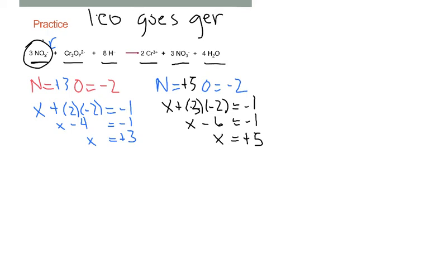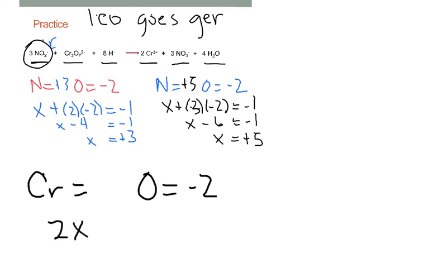All right, so we're going to look at the dichromate ion. So Cr and oxygen. We know oxygen's -2. We don't know what chromium is, so we're going to do an algebraic expression. Instead of X, I'm going to put 2X because there are 2 chromiums.